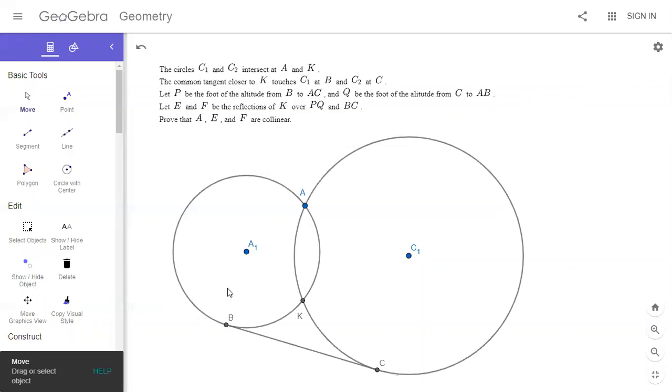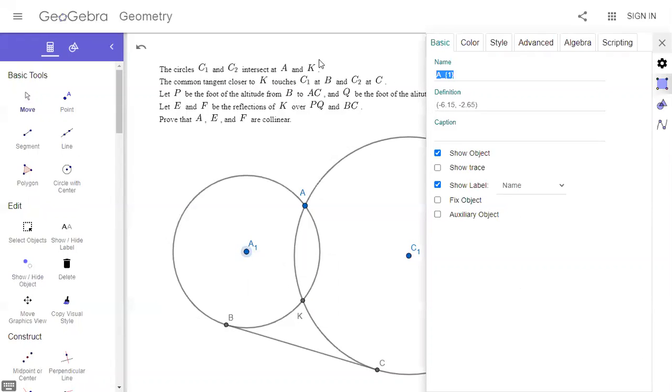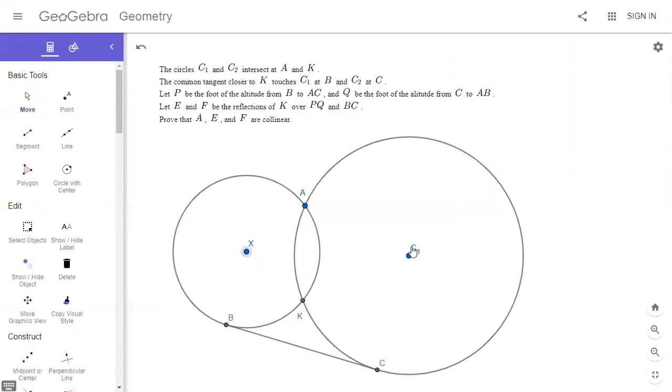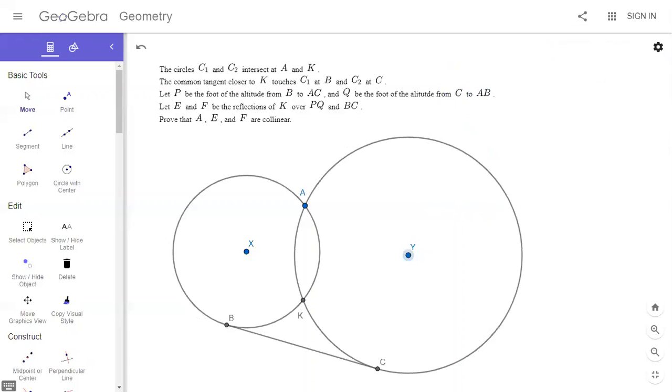All right, P is the foot of, so I'm actually gonna, I don't know, I'll just call the centers X and Y. Why not? Okay, P is the foot of the altitude from B to AC.